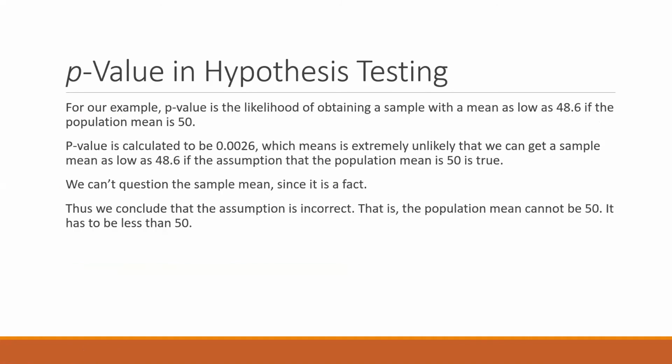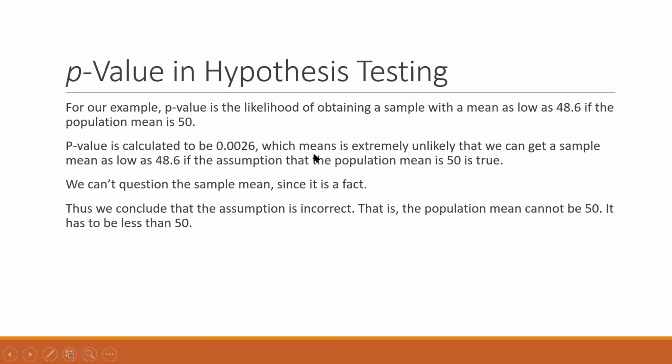All right, so what about the p-value we have for our example? Although we skip the calculation, I can tell you that the p-value for our example is 0.0026. And I'm sure every one of us will agree this is an extremely small p-value, which means it is extremely unlikely that we will get a sample mean as low as 48.6 if we assume the population mean is 50.